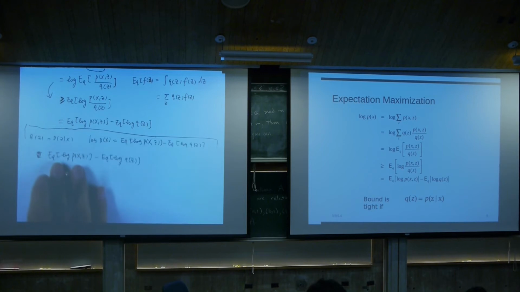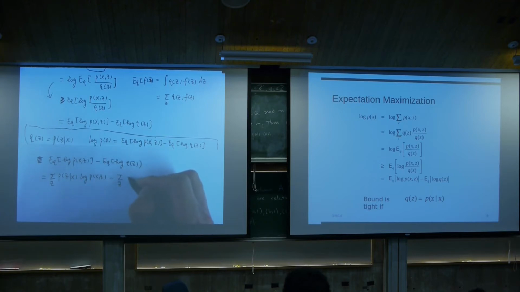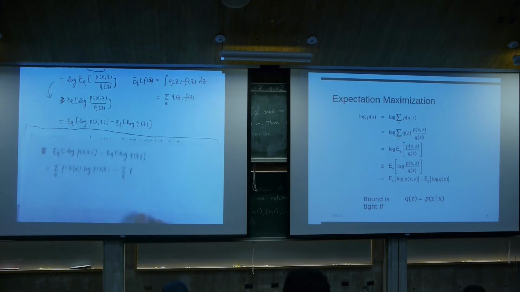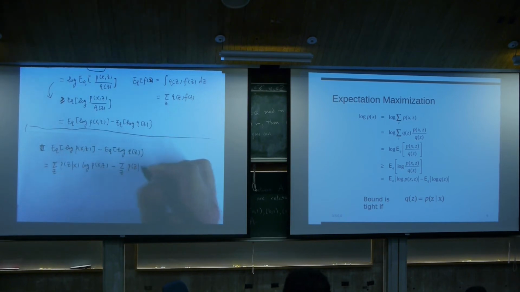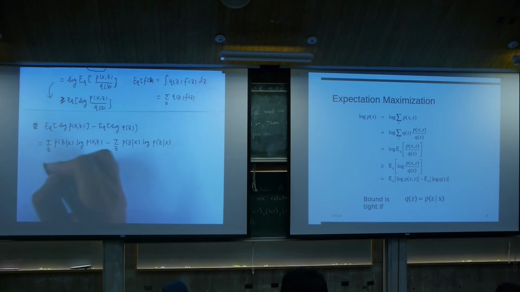Let's plug q(z) equals p(z given x) into this lower bound. It becomes the sum over z of p(z|x) log p(x,z) minus p(z given x) log p(z given x). This is the definition of the expectation, right?